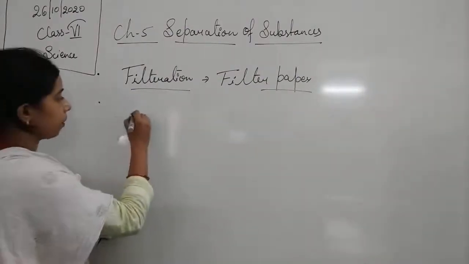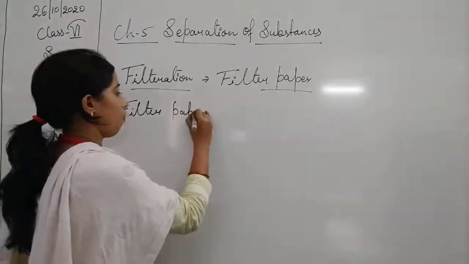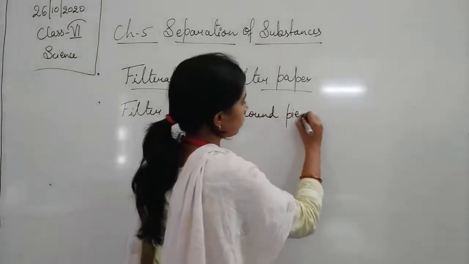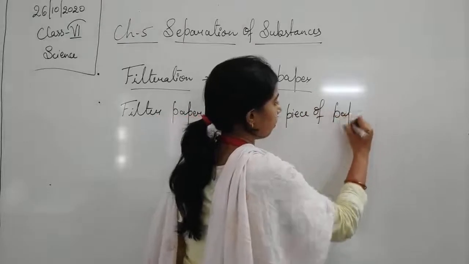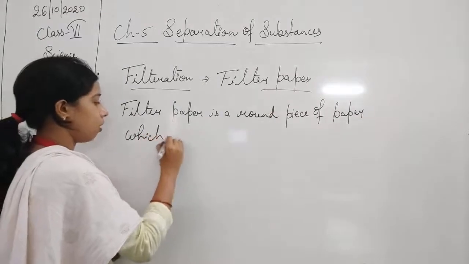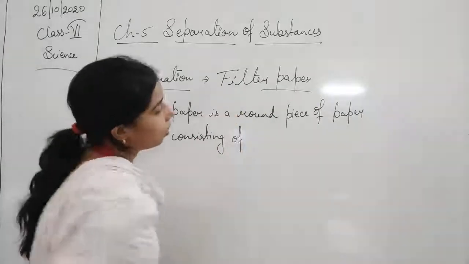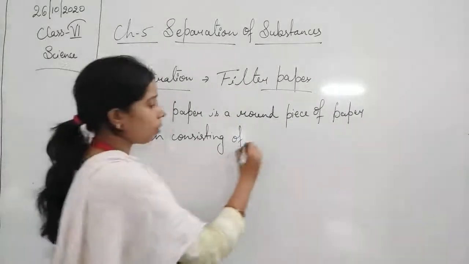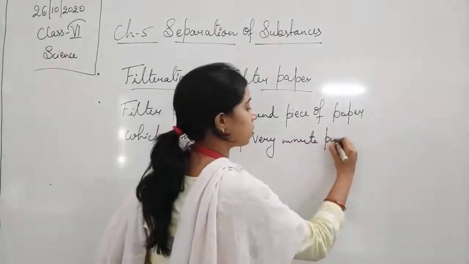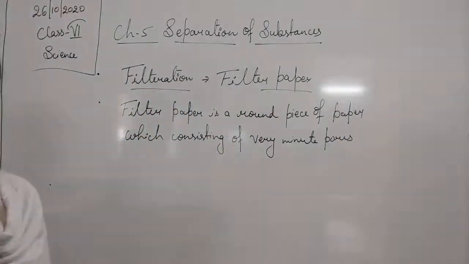So we can say filter paper is a round piece of paper which consists of very minute pores. Meaning of minute, students, it means small.